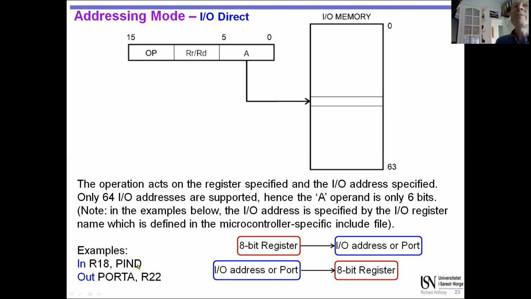These are not variables like you might have tax rate in a program, or customer name in a high-level program, or temperature in an embedded program. When you get into PIN D and PORT A, these are not variables. These are registers in the I/O memory. So again, looking at this level, you see things that you wouldn't normally be aware of, and it's showing you how the thing is working.